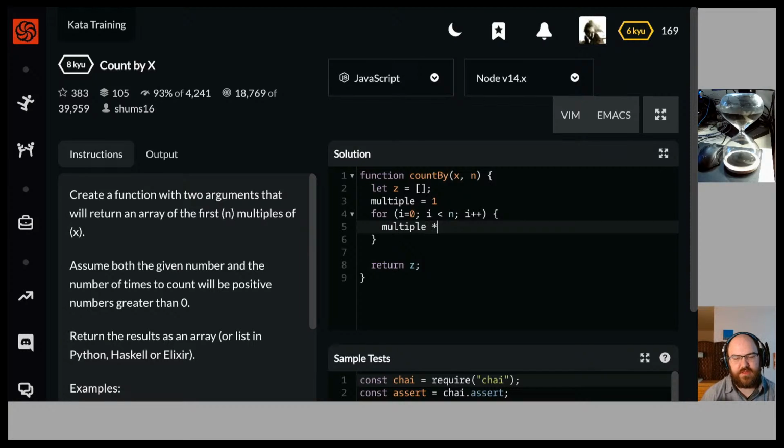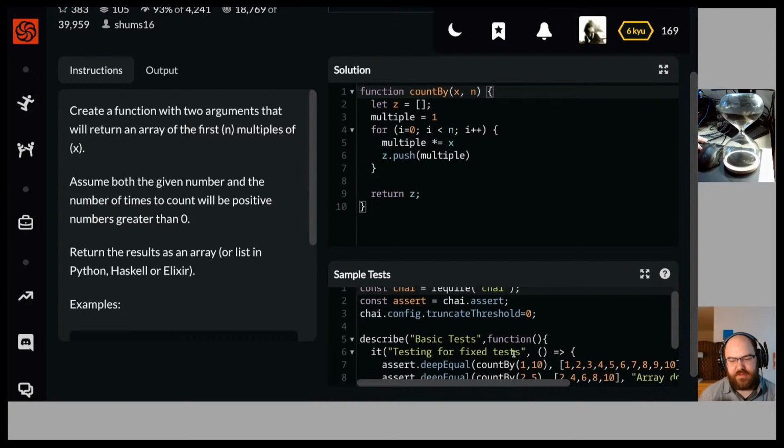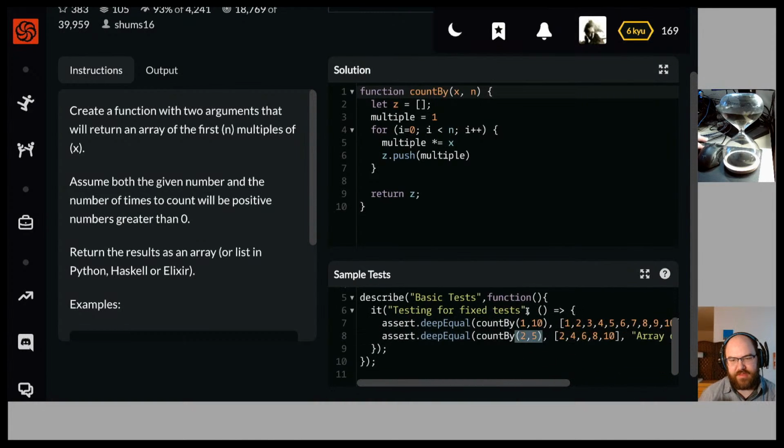Multiple times equals x, c dot push multiple. So at every time we multiply it by x. Let's look at the 2 and 5 case to check that this logic makes sense.